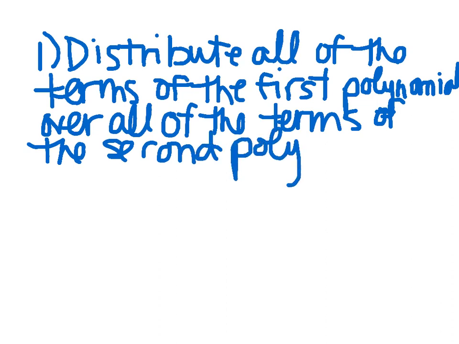If there's more than 2, you just have to multiply 2 together and then multiply it by the last, just like you would with numbers. The second thing you have to do after that is combine like terms.